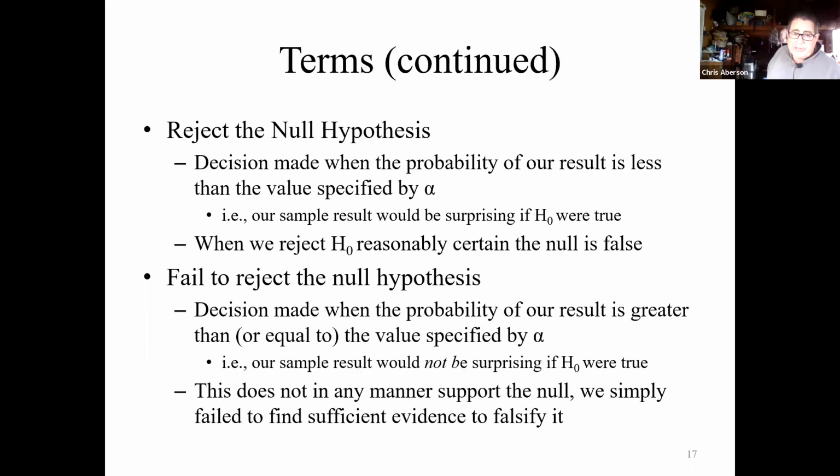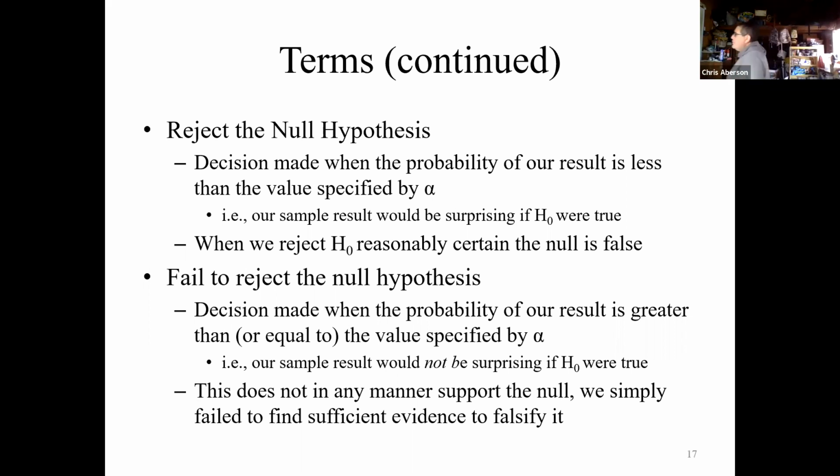A couple of terms that we use to reject the null hypothesis. This is what we do when the probability of our result is less than the value specified by alpha. If you're using a confidence interval, you would reject the null hypothesis when your confidence interval did not include the value in the null. Our null hypothesis had a value of 0. Our confidence interval went from positive 0.03 to positive 0.82, I believe.